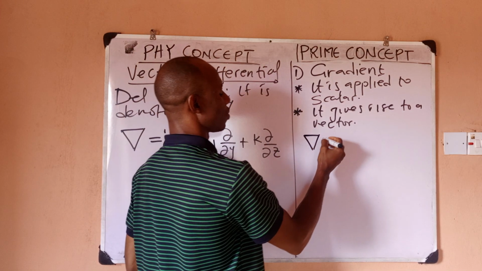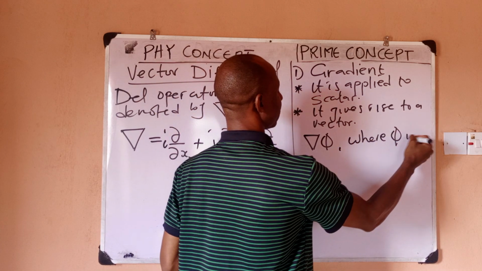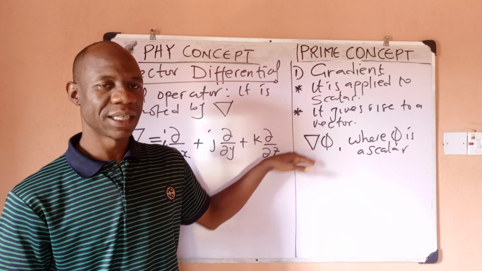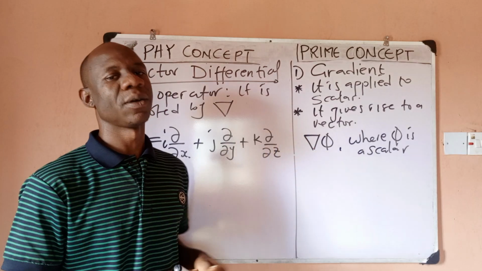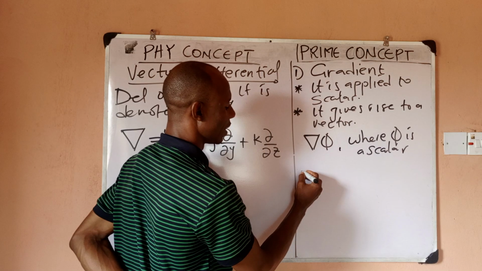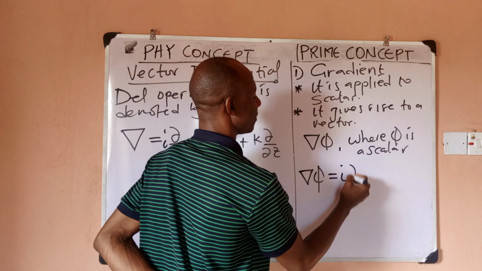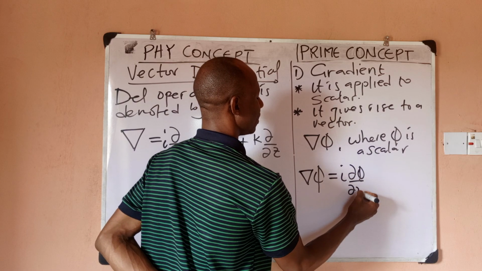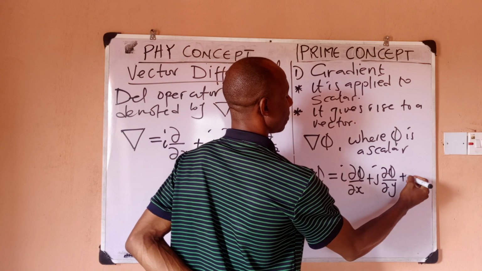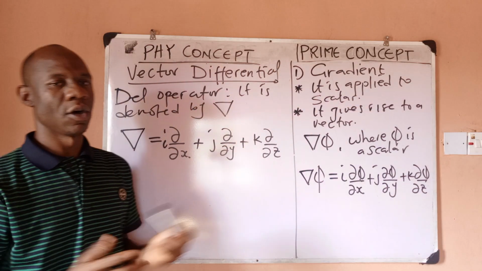Just our del operator together with that scalar, where this is a scalar. So this is what we represent as the gradient operator. So very simple. If we have a scalar φ, I can quickly write the full relation: the gradient of this scalar would simply be i ∂φ/∂x plus j ∂φ/∂y plus k ∂φ/∂z. So this is the gradient operator.